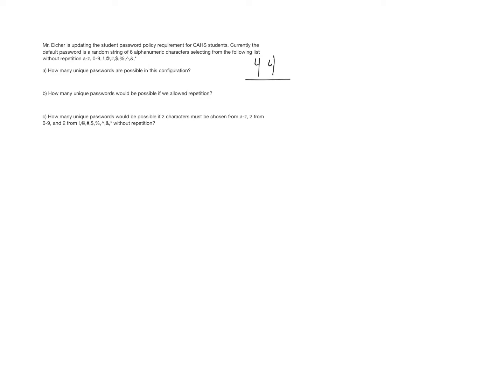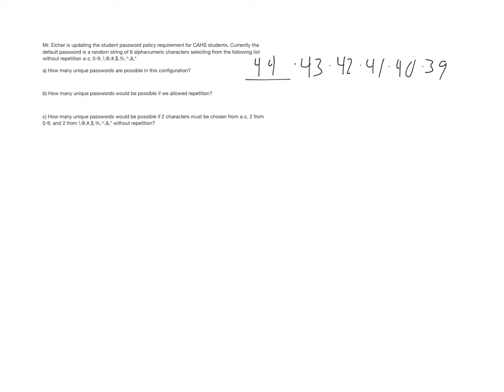And now because we're saying without repetition, that means I can't choose the same thing again. So whatever I chose for that first one, I had 44 choices, but now I only have 43. And then now I've chosen 2, so only 42, and then 41, and then 40, and then 39.